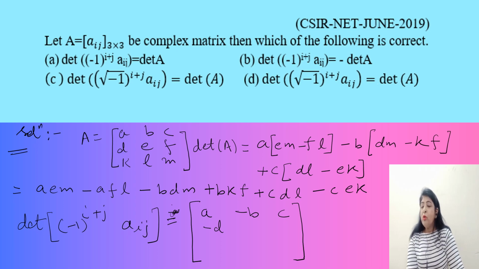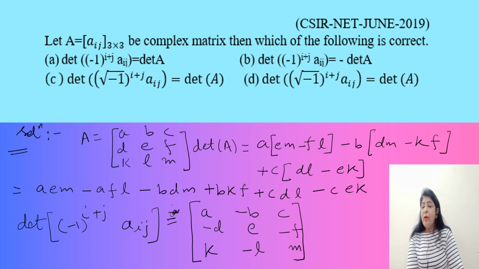Then 2, 2 positive, e, and then 2, 3 negative, then 3, 1 positive, 3, 2 negative, minus n, and then 3, 3 positive, m.